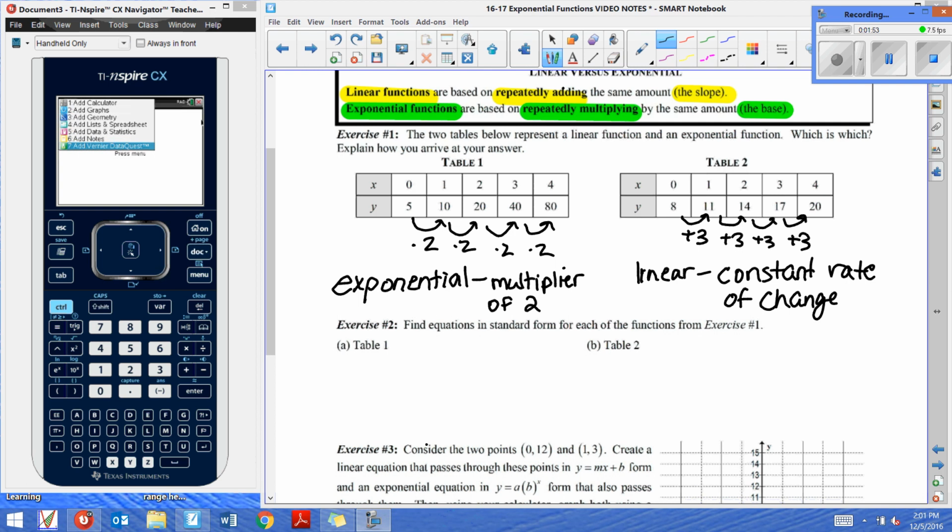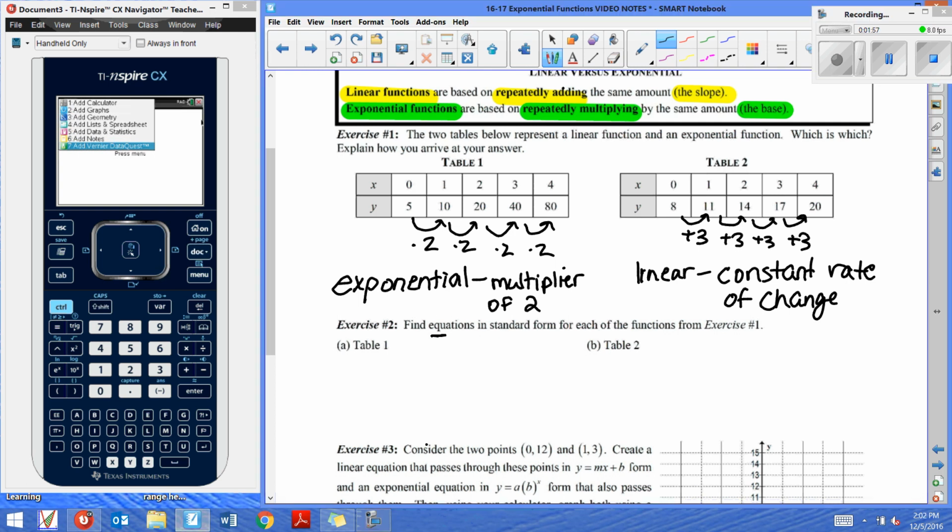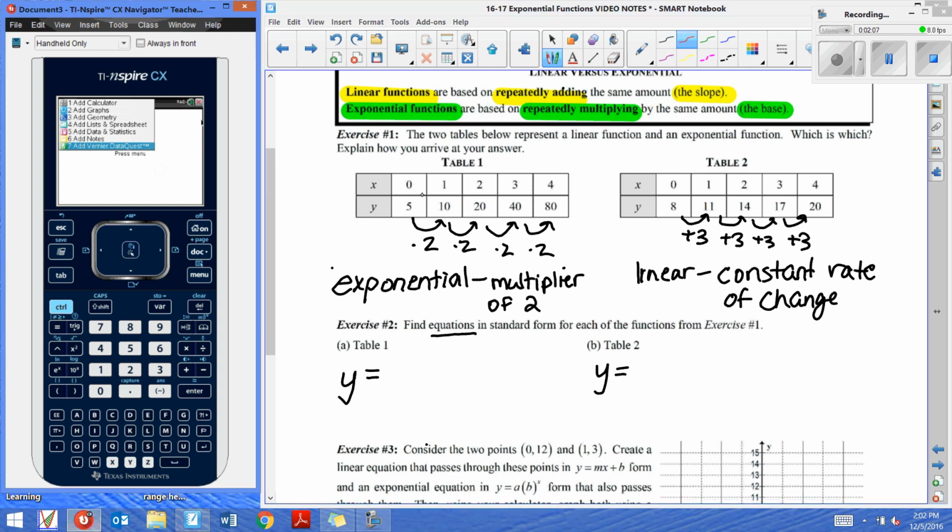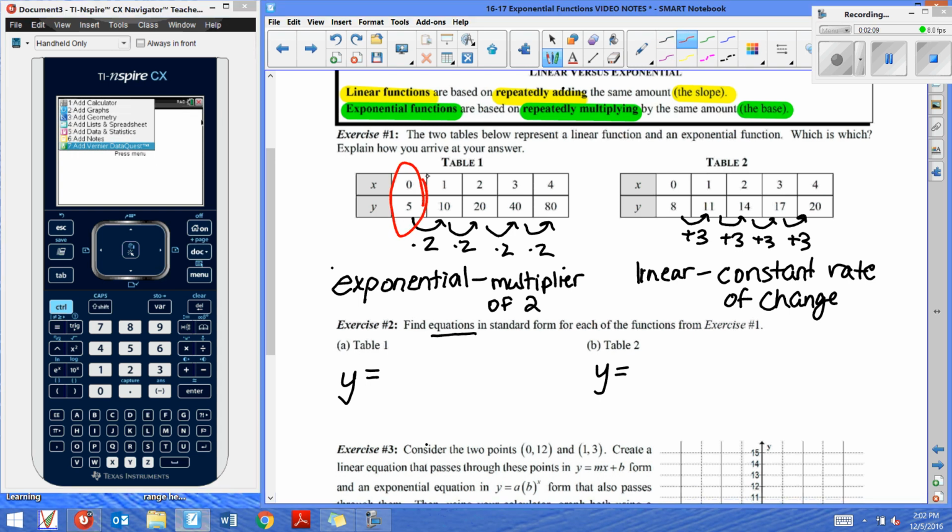Now moving into exercise 2, they want us to find equations. So we're trying to find equations. And since they're both y's, I'm going to just start off both equations with y equals. I love that I have my initial values right here. So in table 1, I'm starting with 5, but in table 2, I'm starting with 8. And again, this is my y-intercept, my starting value.